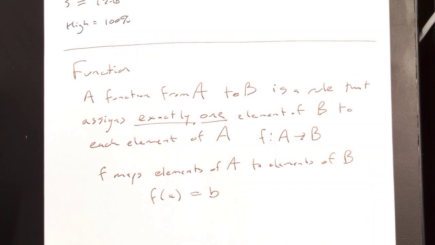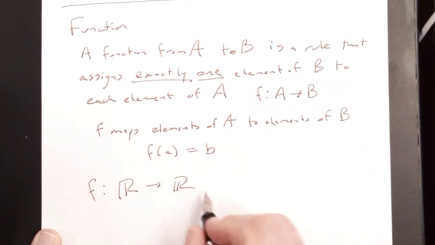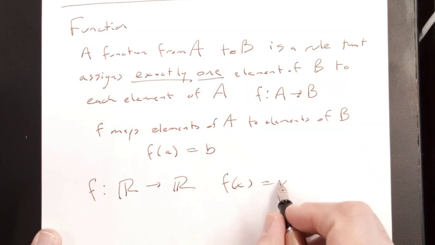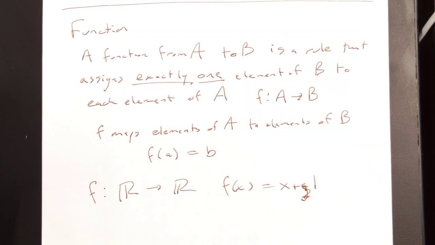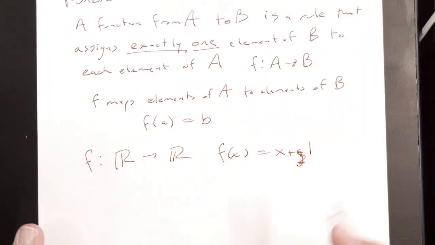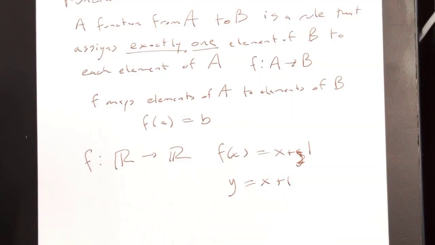As I said earlier, it doesn't have to be a set of numbers to a set of numbers. That's what we're used to when we think of a function going, say, from the real numbers to the real numbers. f of x is x plus 1. And sometimes we'll try and graph this thing. We'll write y equals, right? But what we're really doing is we're saying, oh, this y lives in this set, and x lives in this set. Our from and our to.